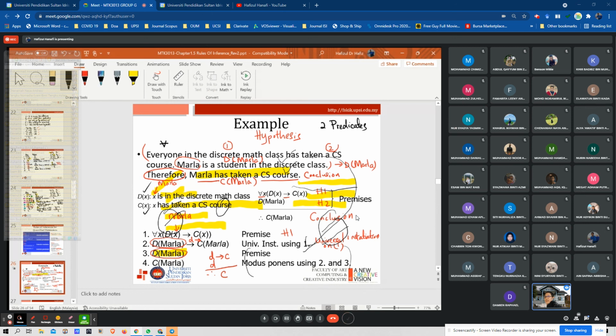Using the premise, we have universal instantiation using 1: D(Marla) implies C(Marla). D for discrete implies computer science, and then we have a premise, and then modus ponens using 2 and 3, and then you eliminate D, discrete, by C.